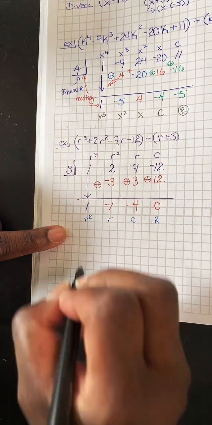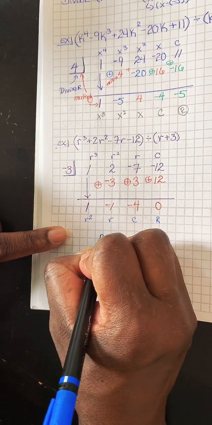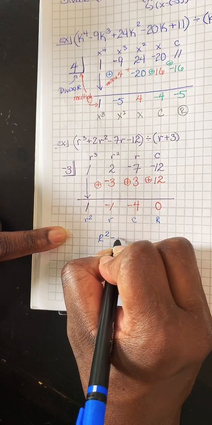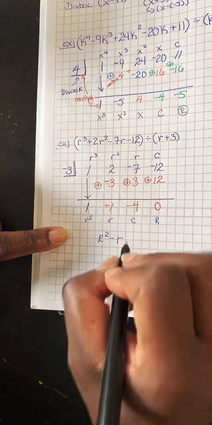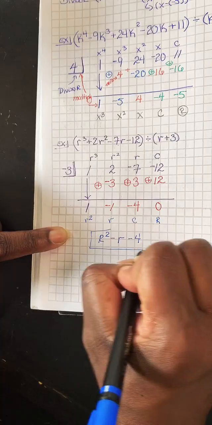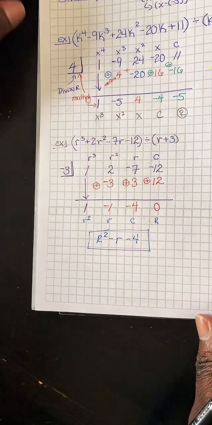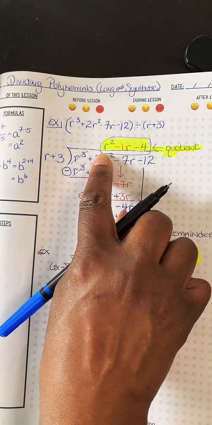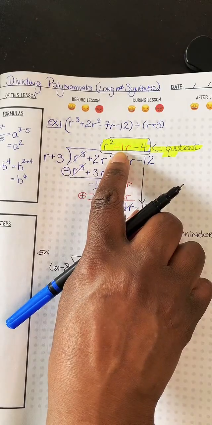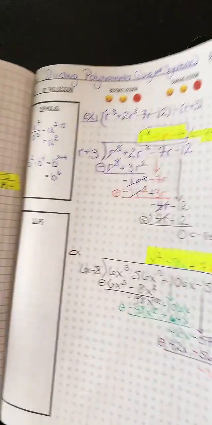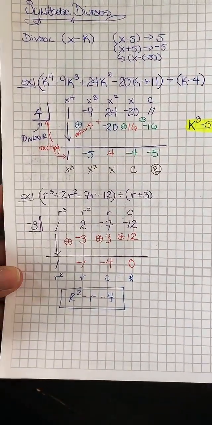So the solution for this is going to be r squared, or 1r squared, minus 1r, or just minus r, minus 4, with no remainder. So that's going to be your solution. If we take a look at the one that we did earlier, we have our r squared minus 1r minus 4. We get the same exact answer.